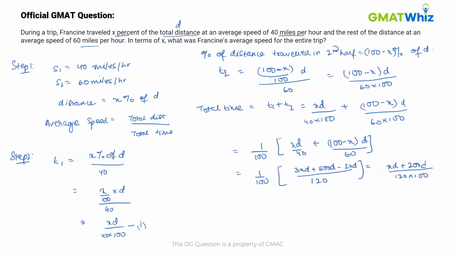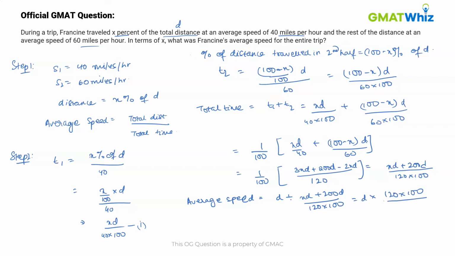Now this is the total time and we have the total distance, which is d. So the average speed will be equal to the total distance divided by the total time, which is d divided by xd plus 200d over 120 times 100.